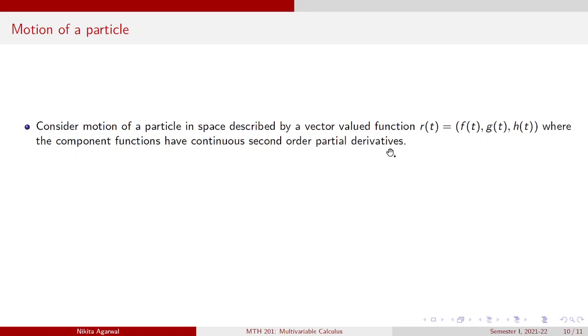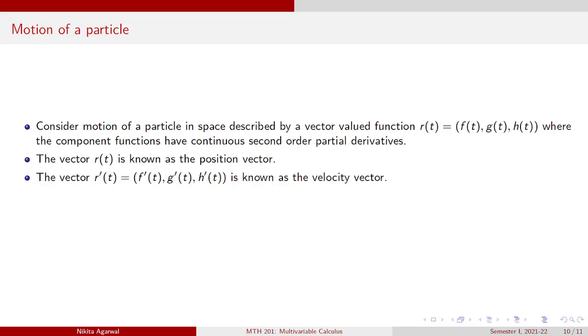Okay. So you can imagine this as follows. At time t, this thing that you see on the right hand side is a point in R3, right? So this vector valued function is actually telling you where you are at time t. So this r(t), which is f(t), g(t), h(t), is known as the position of the particle at time t.